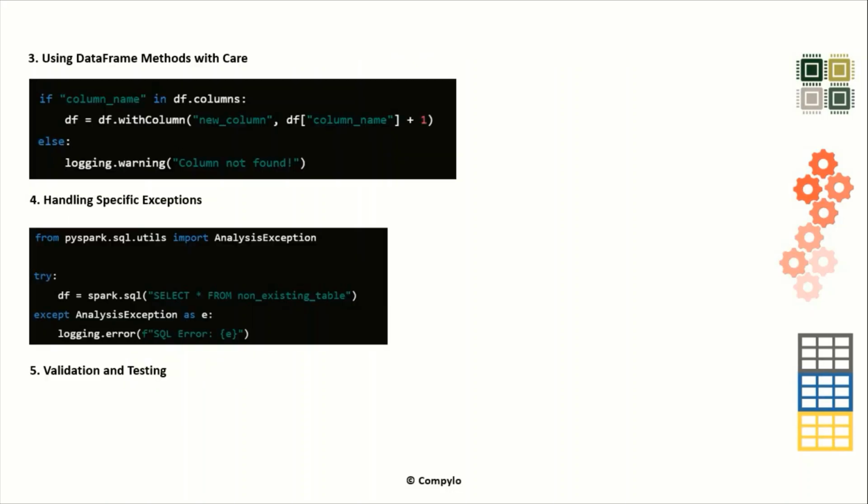Next one is using DataFrame methods. Certain DataFrame methods may fail if the data does not meet expected formats or types. So we should always validate our data before applying transformations. That's why, if you see here, we are using a warning function from the logging library.